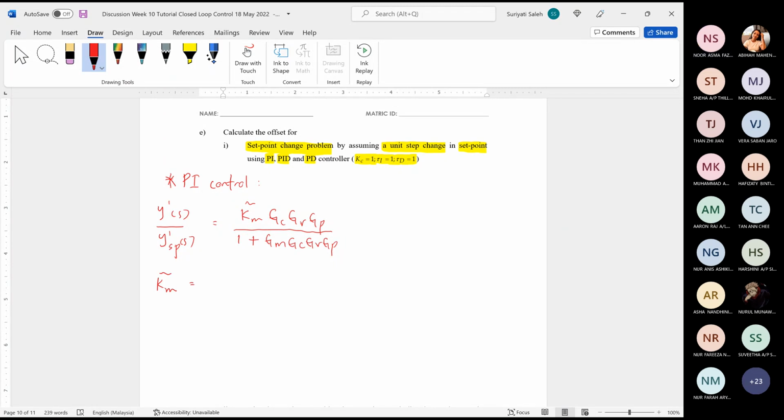Anybody? Four. Km set point is 4. And then what is your GV? One, sir. 1, all right. The GP?